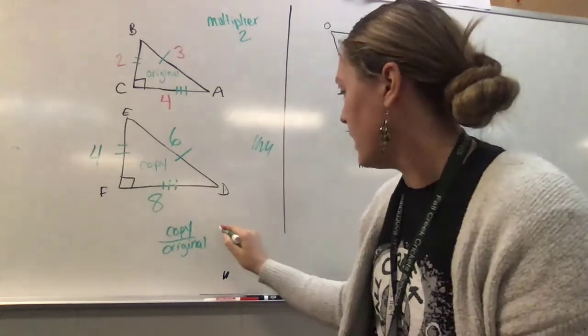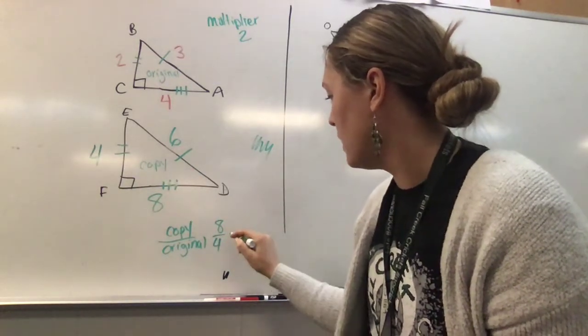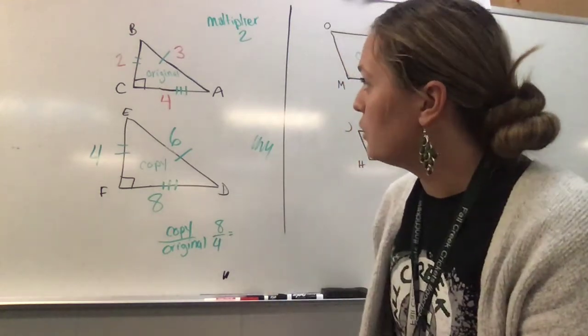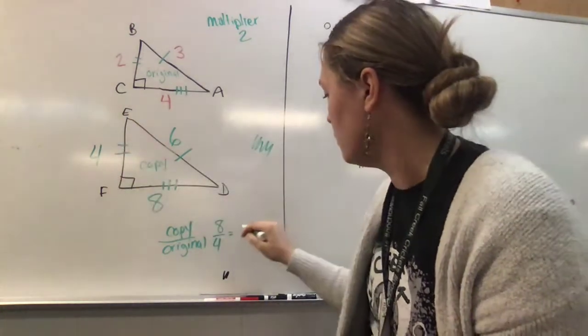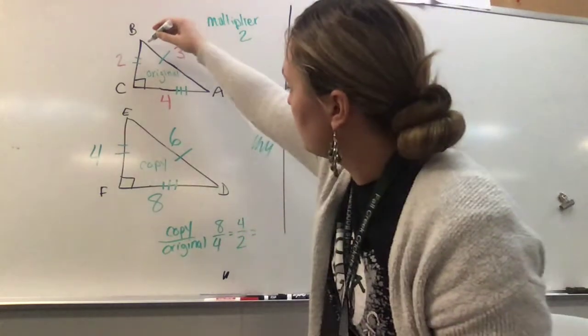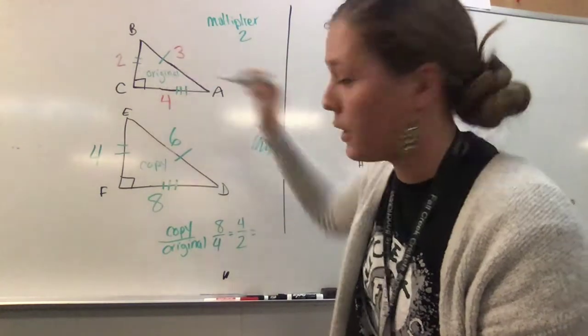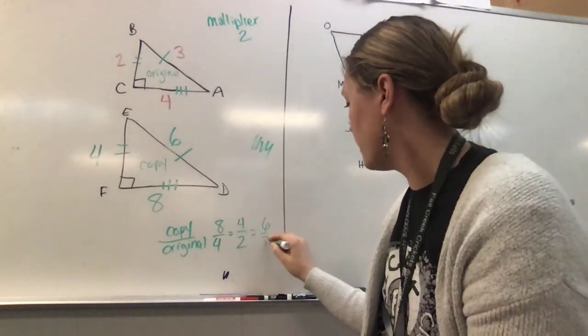So copy is 8, original is 4, 8 over 4. That has to be equal to, let's do the 2 lines one, 4 over 2, which has to be equal to those 2 that correspond, which is 6 over 3.